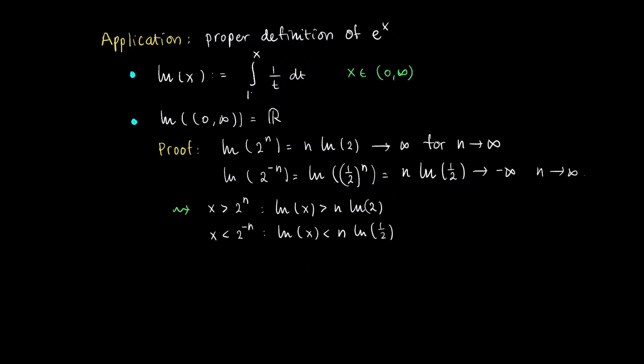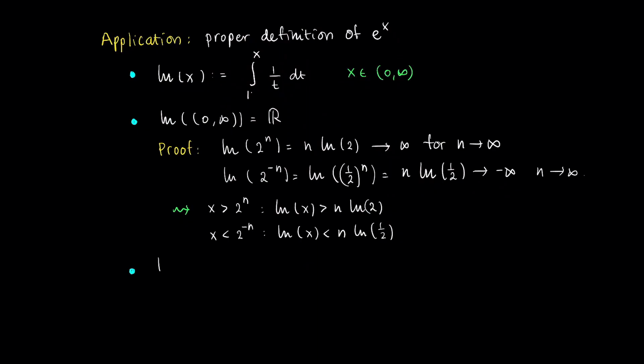This basically shows that the image of the set 0 to infinity under the logarithm is all of R. By using the intermediate value theorem, since the logarithm of x, defined as a primitive of 1 over t, is a differentiable function and is therefore also continuous, it attains all values between minus infinity and infinity. That's the logic here.